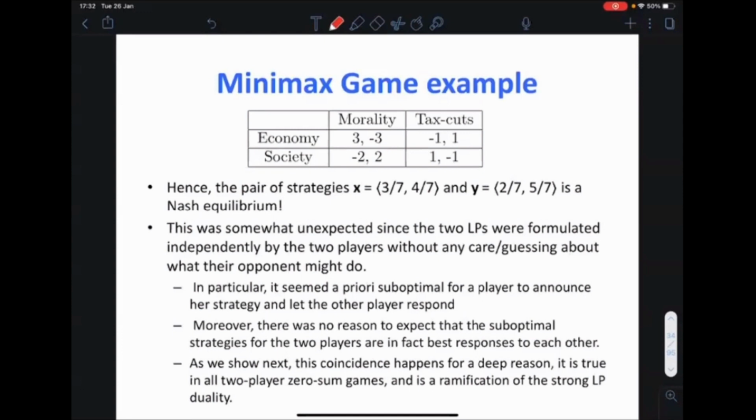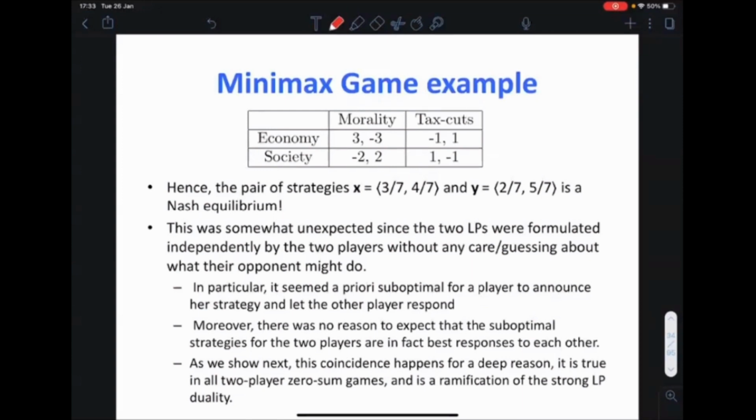We somehow end up with a Nash equilibrium, and the Nash equilibrium requires best responses, where they have to condition on the other strategy, but in this case we don't. We don't formulate that because we formulate it as a linear programming solution, and they are formulated independently.